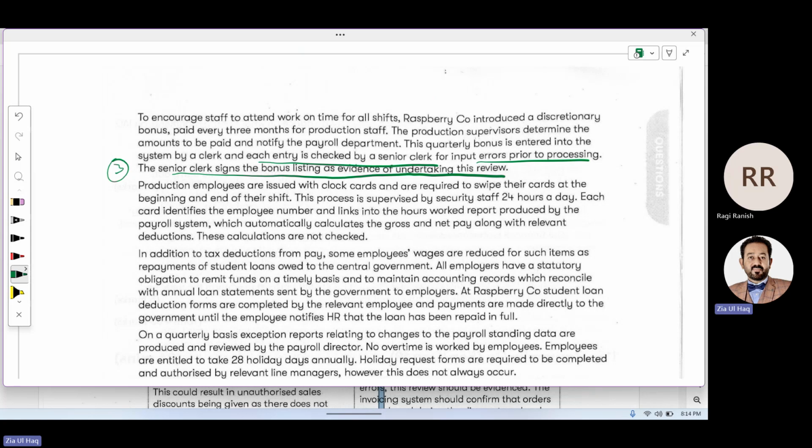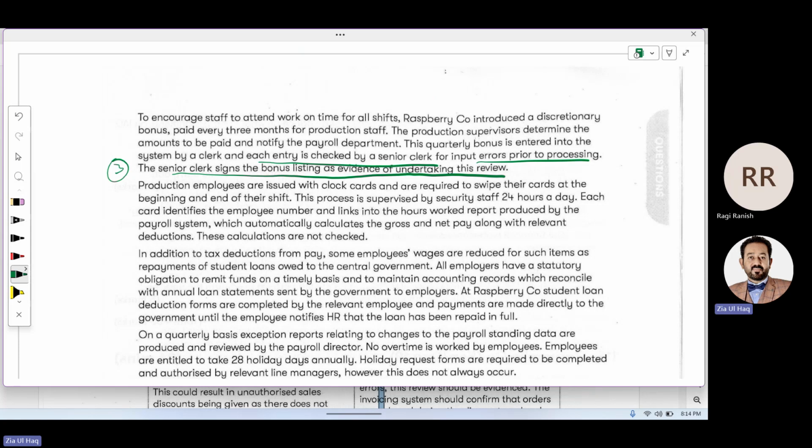In the payroll system, the clerk is entering the bonus amount, and that amount is authorized by the senior clerk. How is it authorized? He has a list of bonuses and he is signing. So we need to make sure whether he has performed the review properly or not. It means the amount he has signed and the amount in the system should be the same. Can't we say take a sample of the bonuses and check?